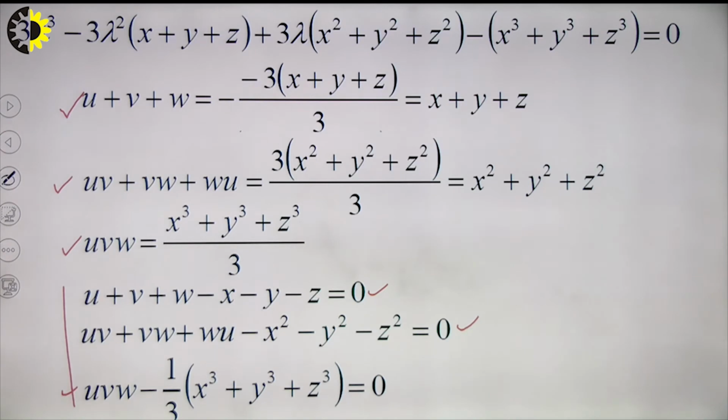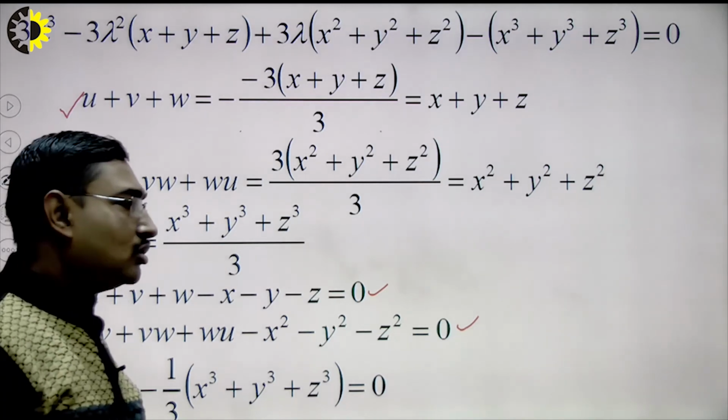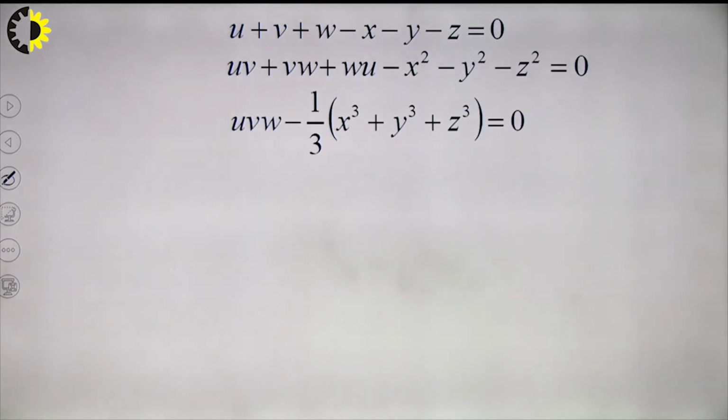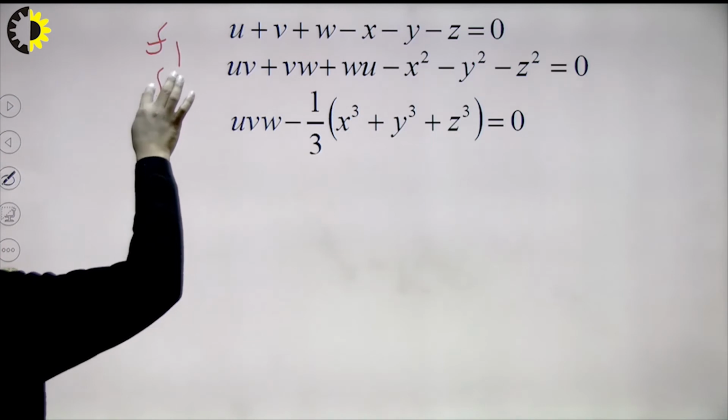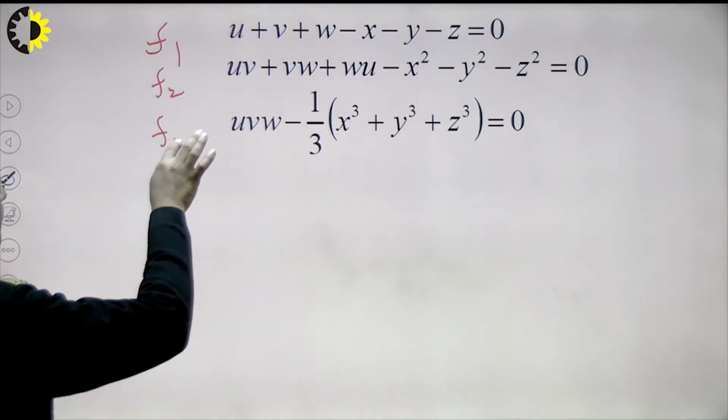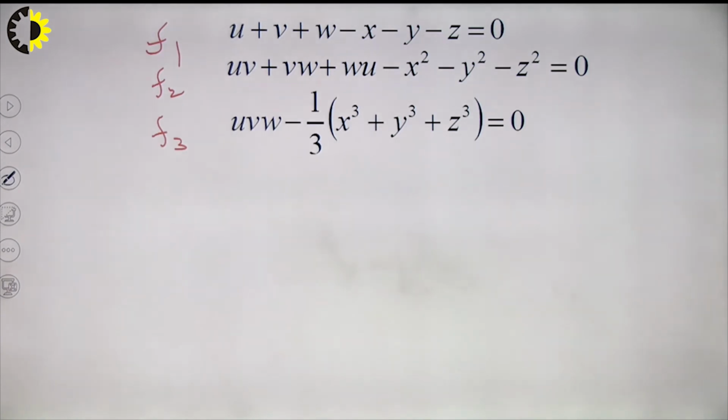With the help of the three relations, I shall write f1, f2 and f3, and then our usual process will begin, in which we apply the formula for implicit functions to find the value of Jacobian. This term will be taken as f1, second term will be taken as f2, and third left hand side will be taken as f3.